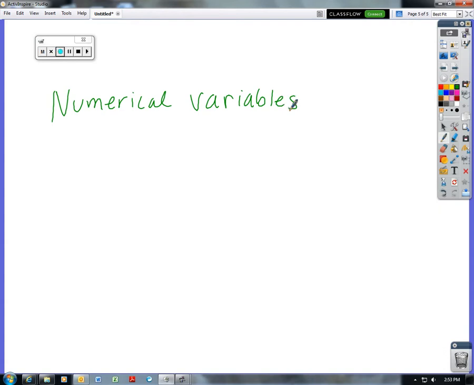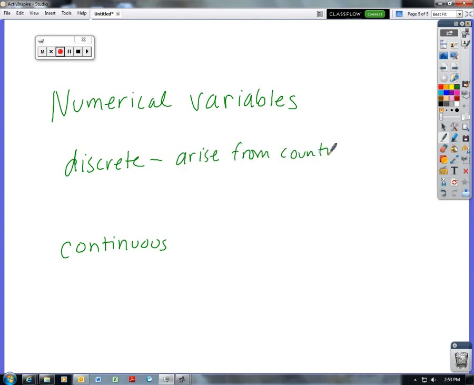So there could be discrete versus continuous. Discrete arise from counting. And continuous data arises from measuring. So things you can count would be like number of desks in a room.